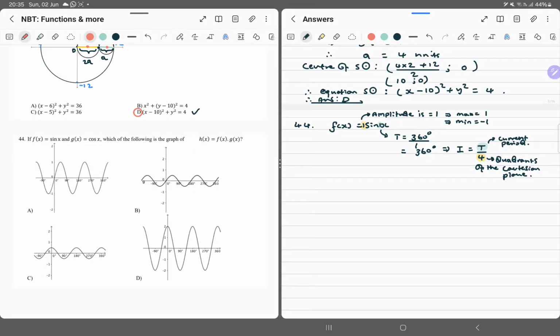Because we know there is always a single defining moment in the first quadrant, a single defining moment in the second quadrant, in the third quadrant, and in the fourth quadrant for each one of these functions, especially sine and cos. So guys, this is knowledge that you must have. Obviously, this means intervals.